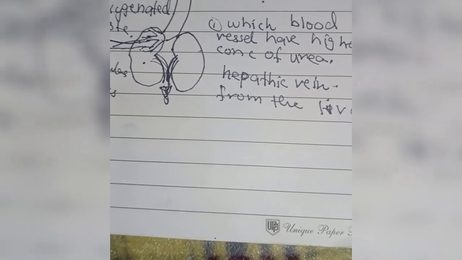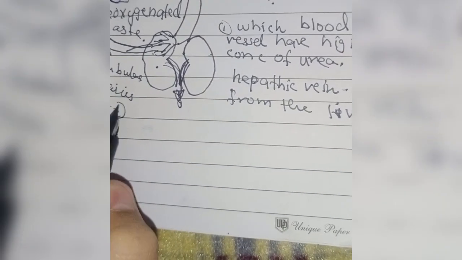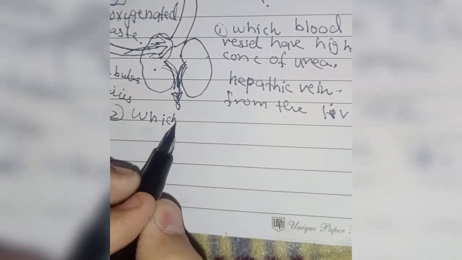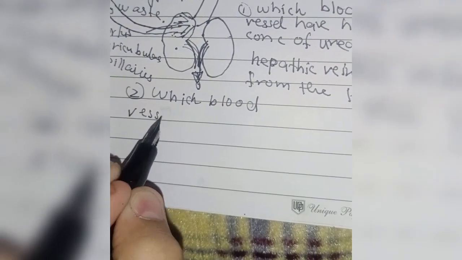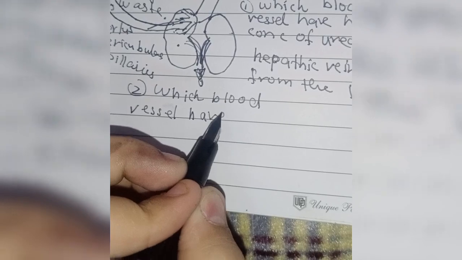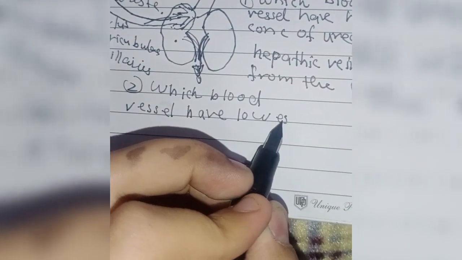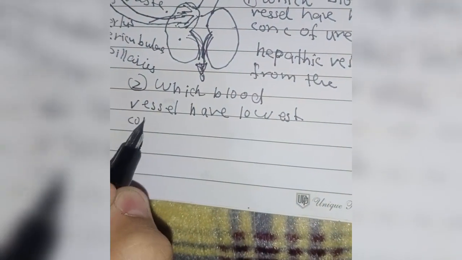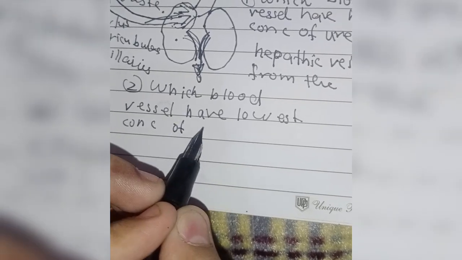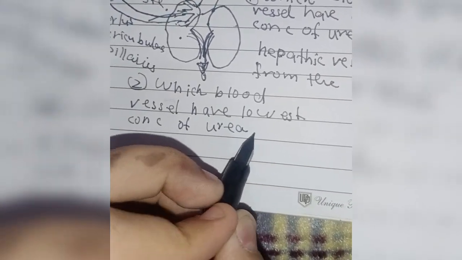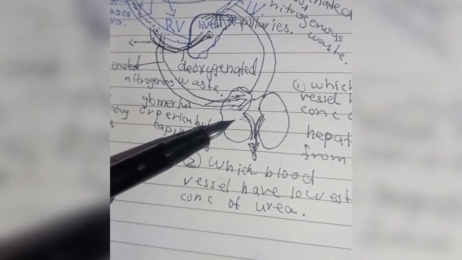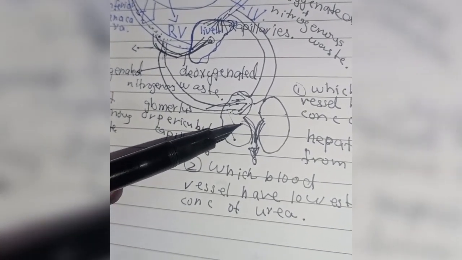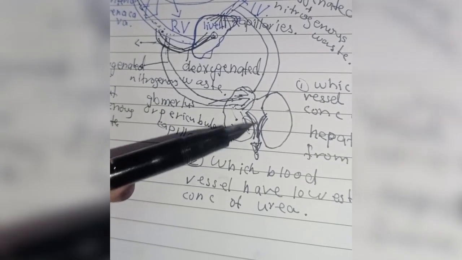Okay, now another question is, which blood vessel has the lowest concentration of urea? So here, as you can see, from the kidney the urine was removed, and the nitrogenous substance was removed.